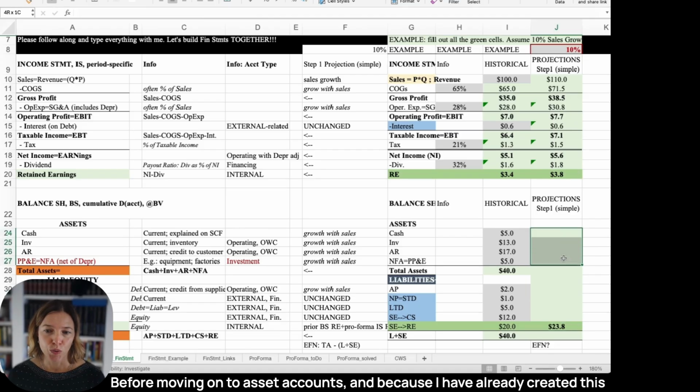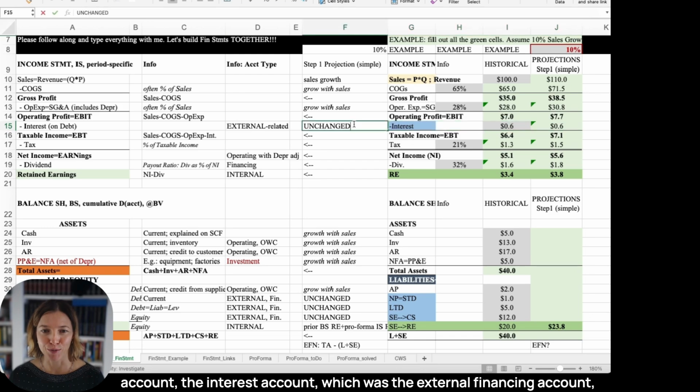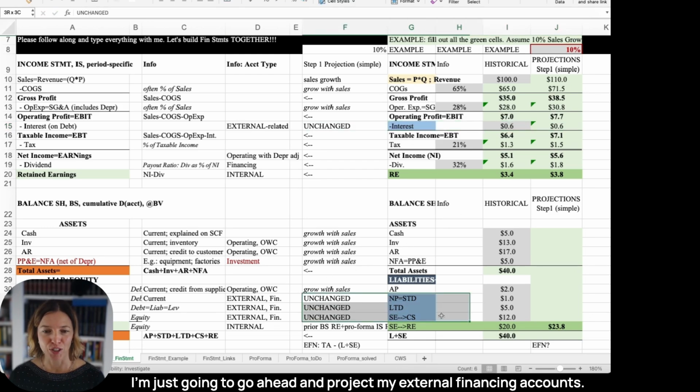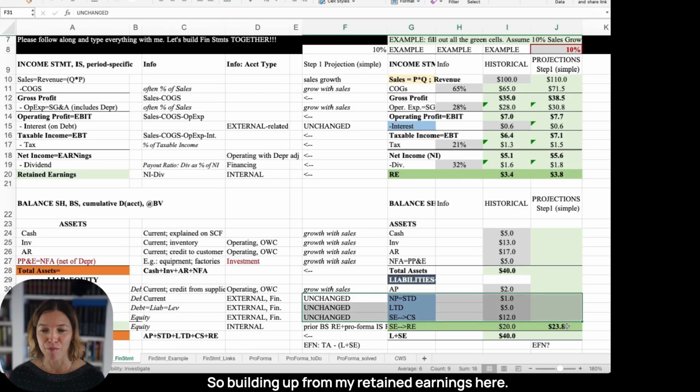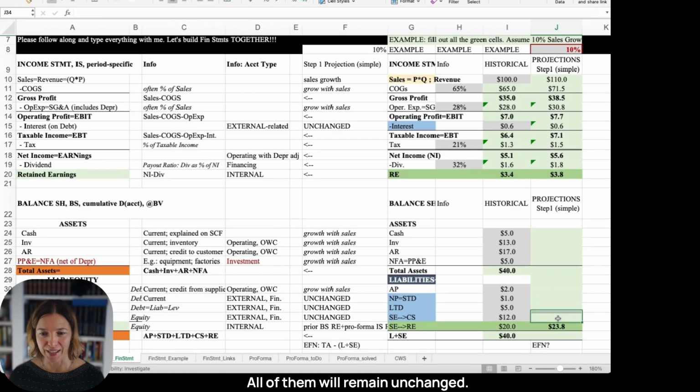Before moving on to asset accounts, and because I have already created this account, the interest account, which was the external financing account, I'm just going to go ahead and project my external financing account, so building up from my retained earnings here. All of them will remain unchanged.